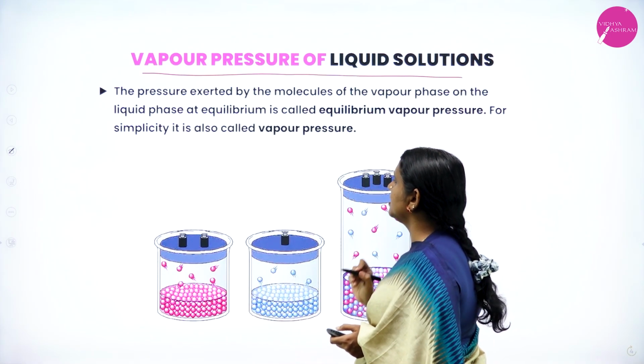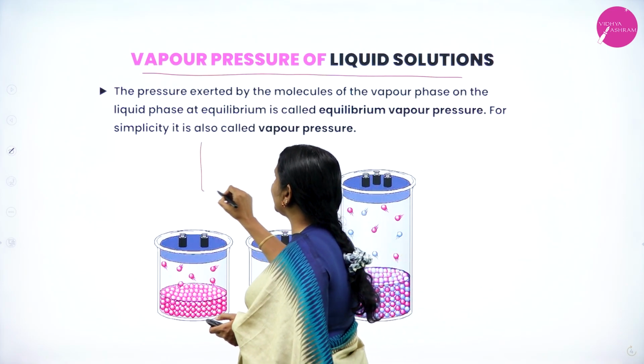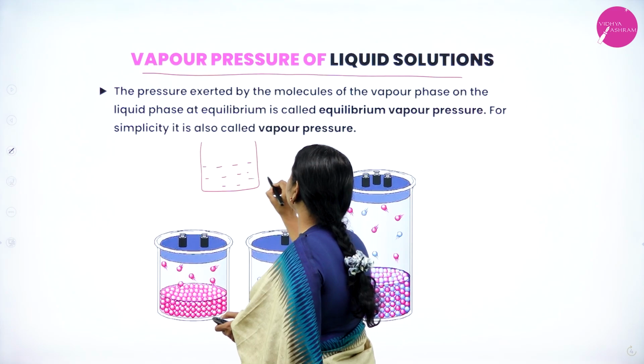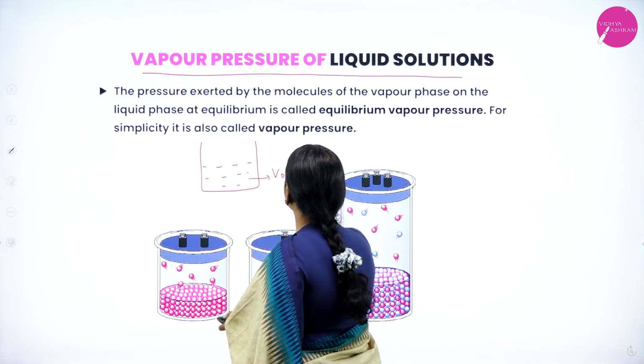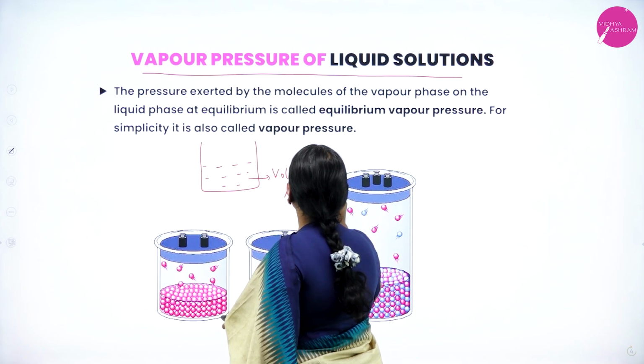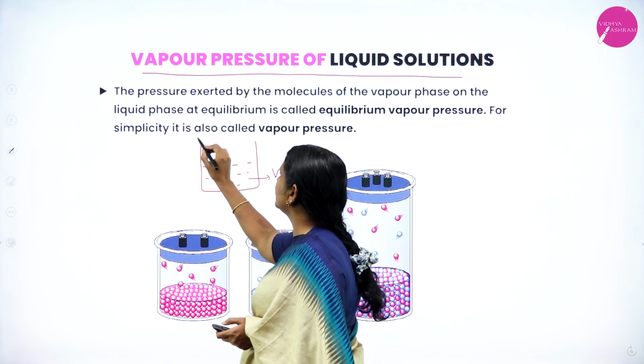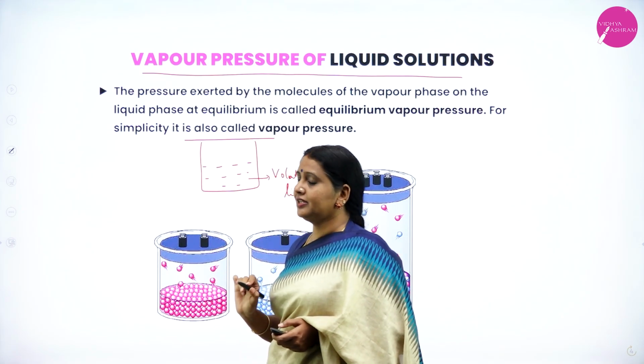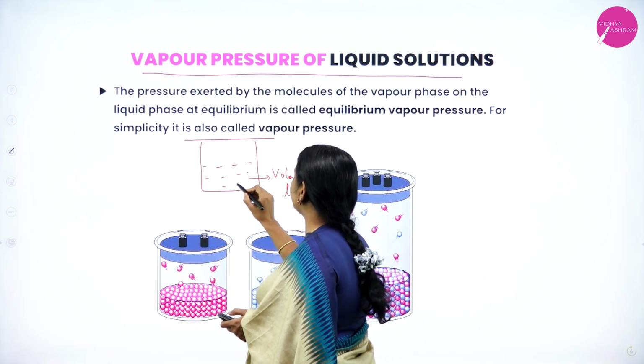For this, I am going to take a volatile liquid in a beaker. Let us consider a volatile liquid in a beaker. It is closed by a plate. So now it is in liquid phase.